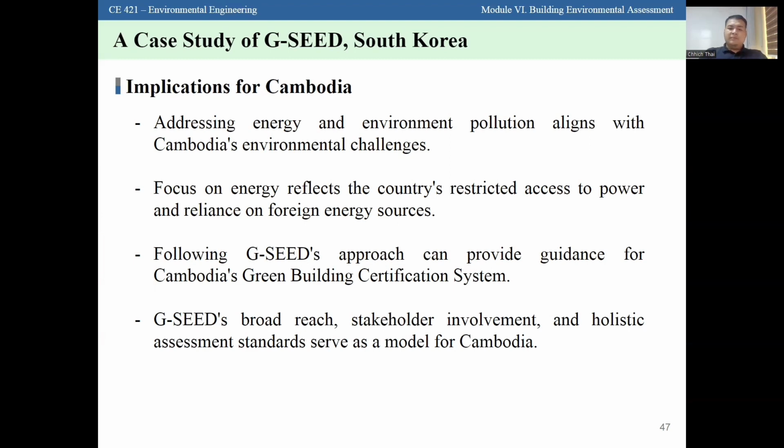Following the GC approach can provide guidelines for a Cambodia green building certification system, with its broad reach, stakeholder involvement and assessment standards serving as a model for Cambodia.